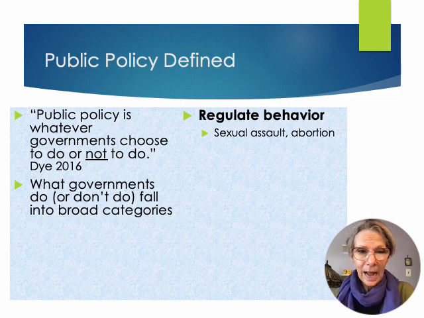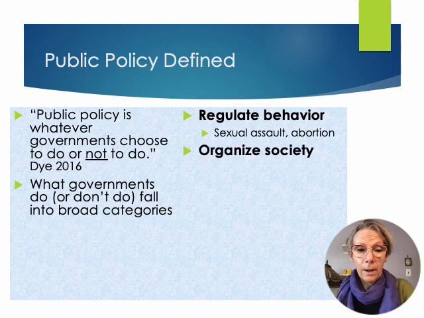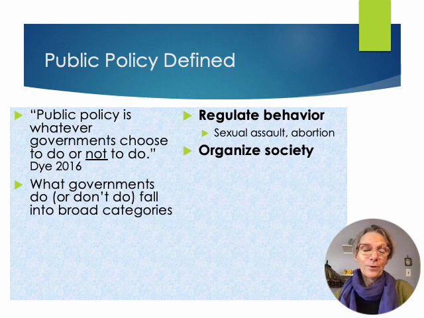And obviously that's changed. How we define sexual assault has changed over time through public policy and regulating behaviors, telling people whether activities related to their reproductive health care, right? Abortion. That public policy regulates behavior. Those are just two examples, sort of gender examples.